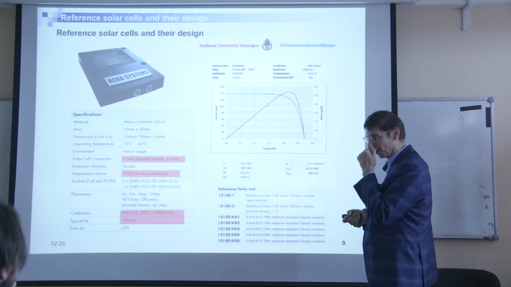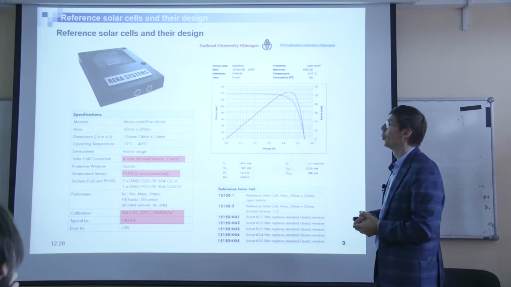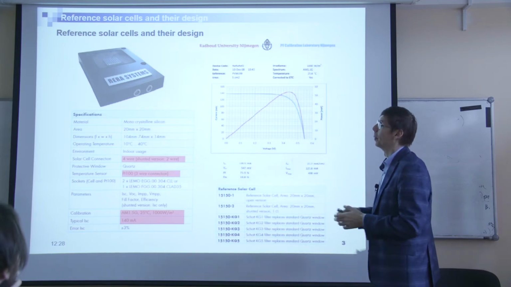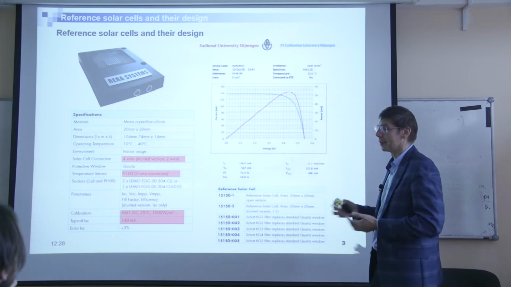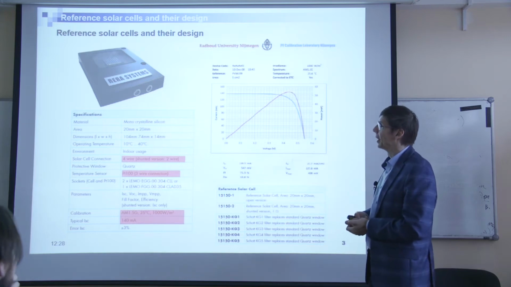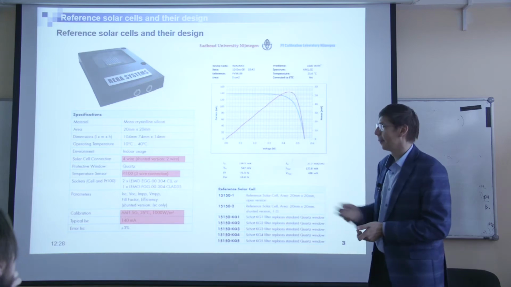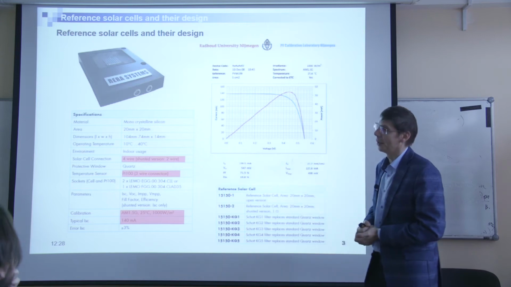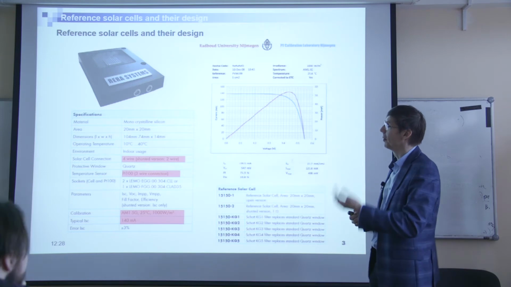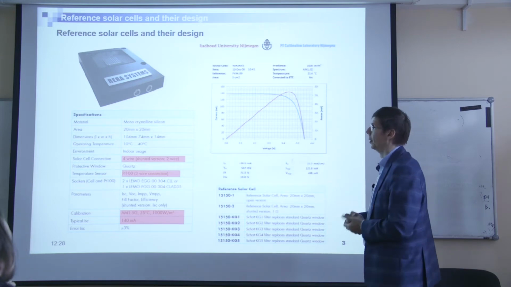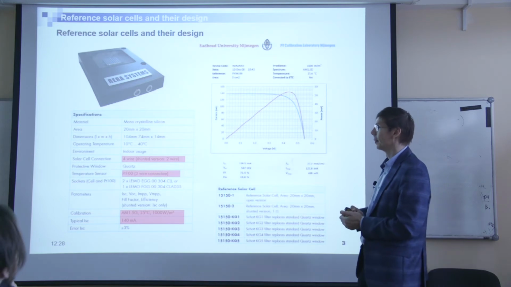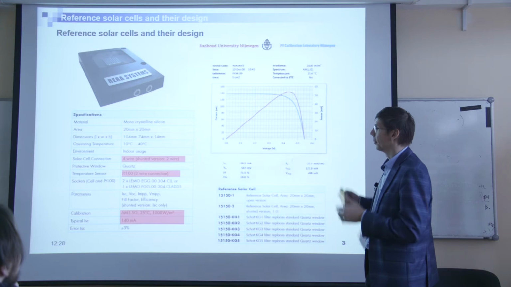That's one of the reasons to choose the material. In any case, it should be stable in time, because otherwise it's not a reference solar cell. Normally it's made of crystalline silicon, but you can also find III-V cells, mostly gallium arsenide, though crystalline silicon is the main one.